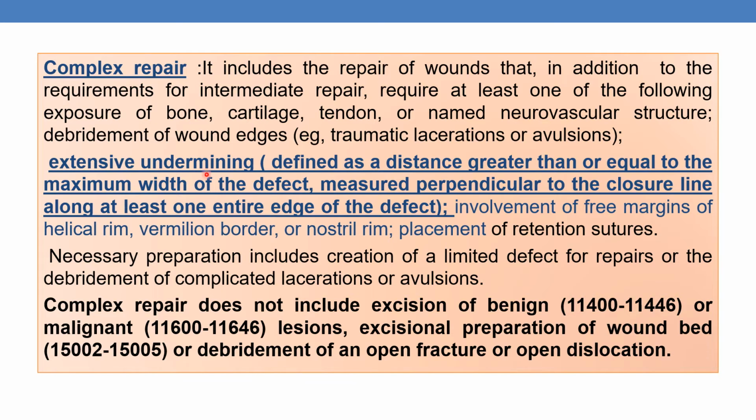Complex repair utilizes extensive undermining. What is extensive undermining? It is defined as the distance greater than or equal to the maximum width of the defect, measured perpendicular to the closure line along at least one entire edge of the defect. In the next slide, I will show the diagrammatic representation of extensive undermining, then you will understand it better. As of now, intermediate repair utilizes limited undermining, whereas complex repair utilizes extensive undermining.